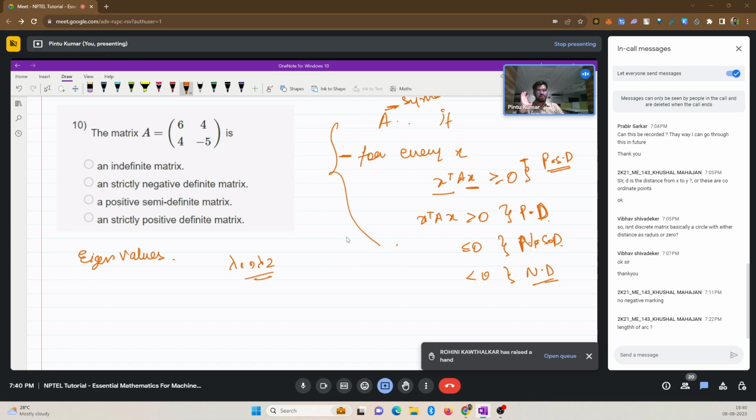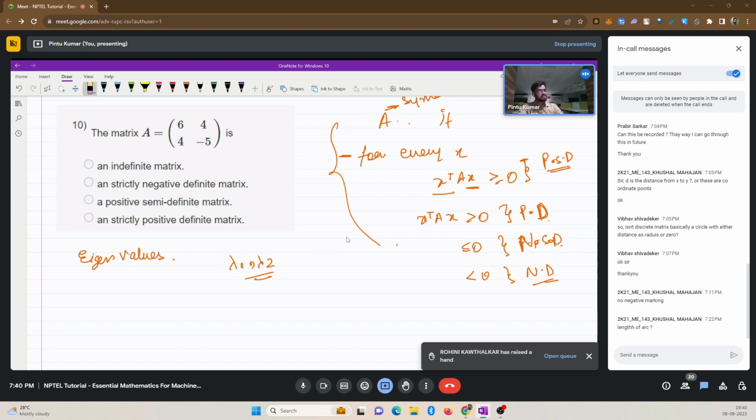Now, based on the sign of our eigenvalues, if both of them are greater than or equal to 0, then it is positive semi-definite. If both of them are strictly greater than 0, then it is positive definite. If they are less than or equal to 0, negative semi-definite.